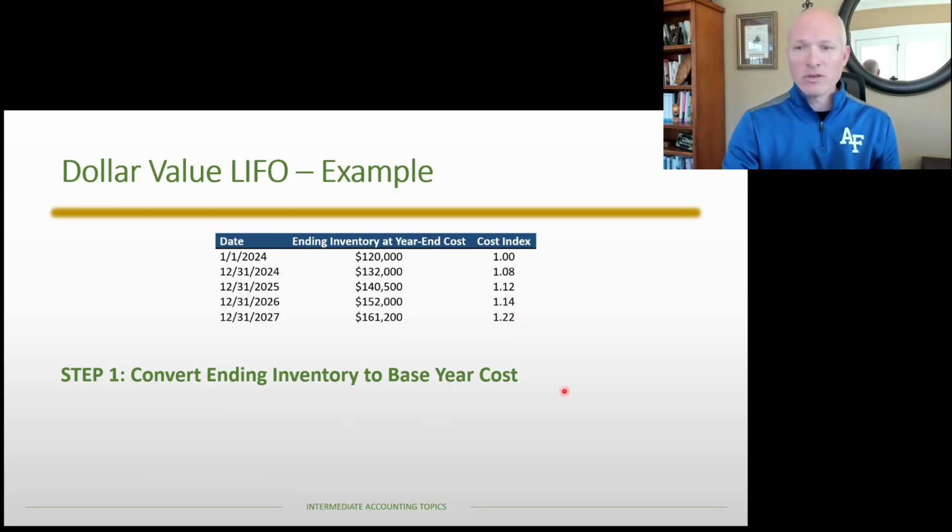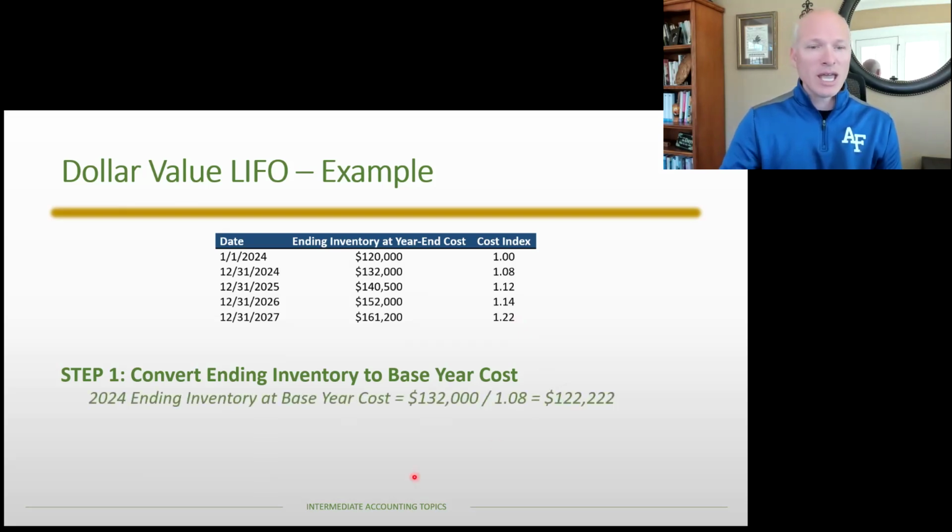The way that we do that is we take the ending inventory as of that year for that year, and we divide it by the cost index. So what we're doing is restating the inventory from year-end cost in terms of base year costs.